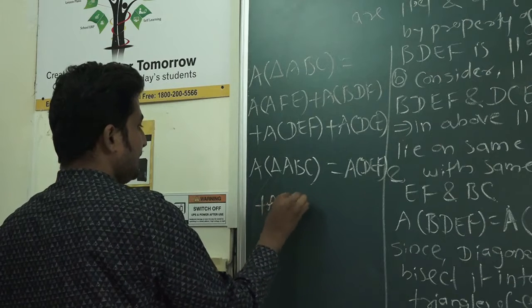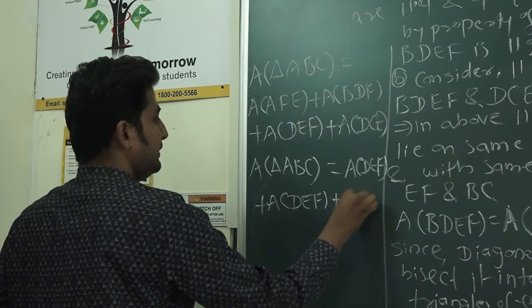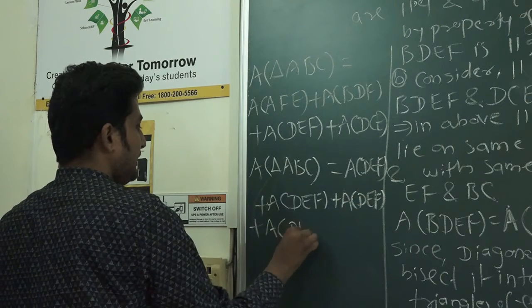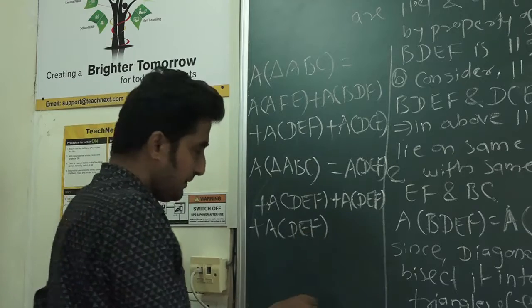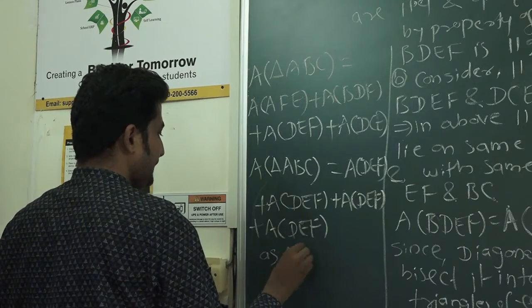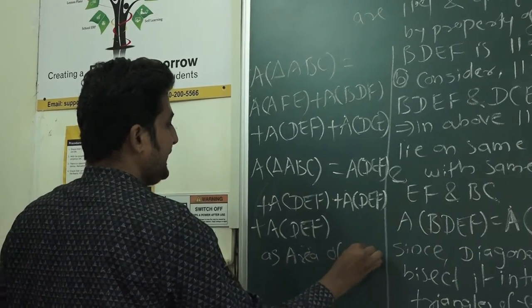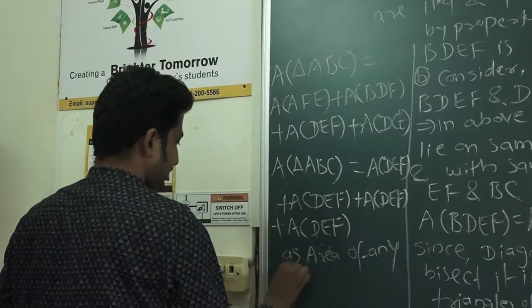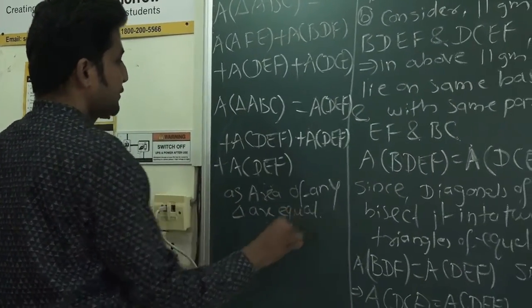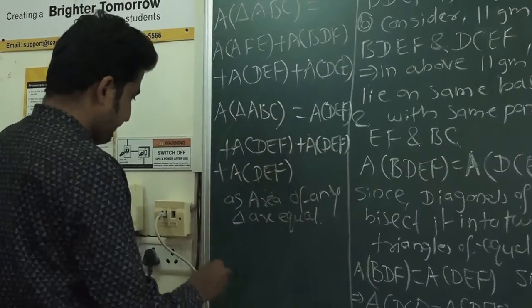Area of DEF plus area of DEF plus area of DEF. Why? As the areas of any of these triangles are equal, we equate with triangle DEF for this part.